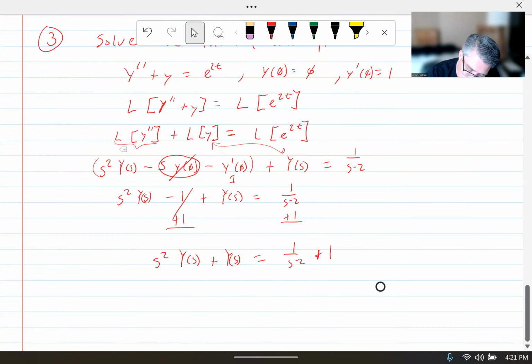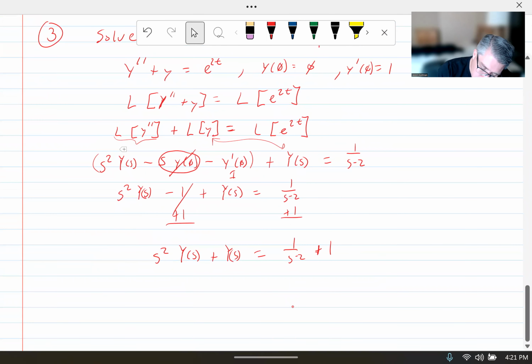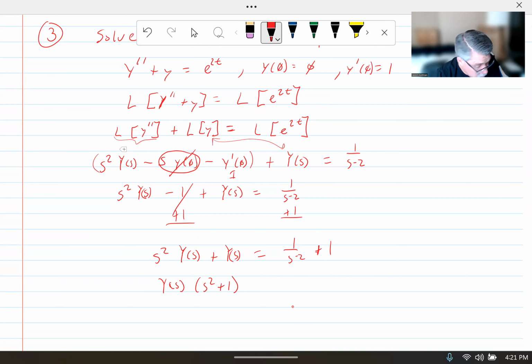Okay, factor out a Y(s), and I get Y(s) times s squared plus 1 is equal to, let's get a common denominator here. This is 1 over s minus 2 plus s minus 2 over s minus 2. So this becomes s minus 1 over s minus 2.